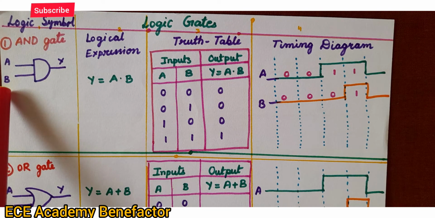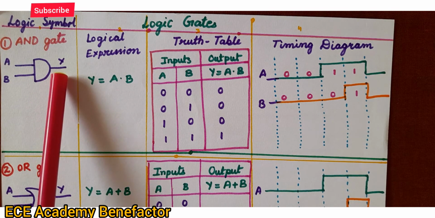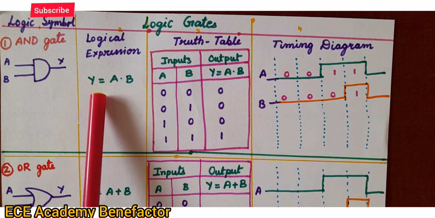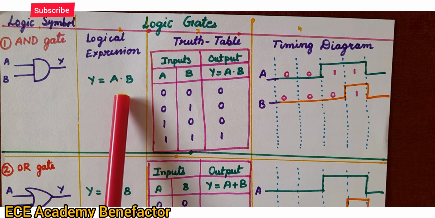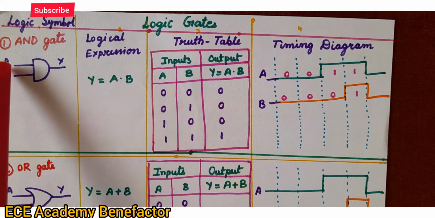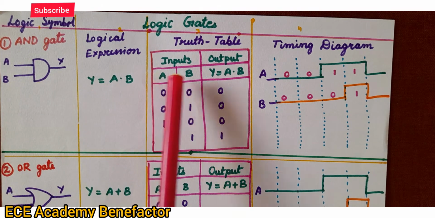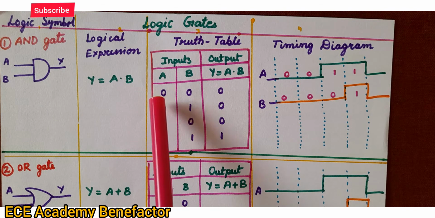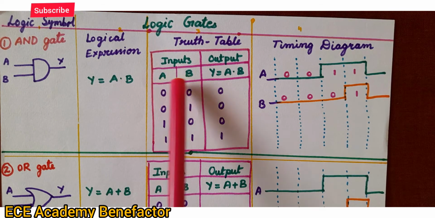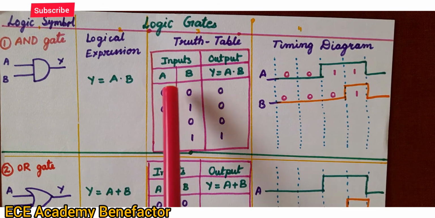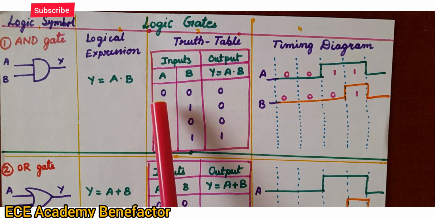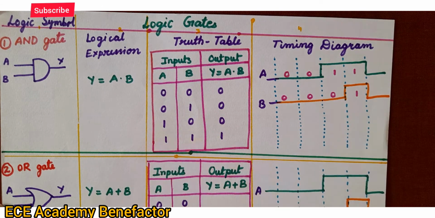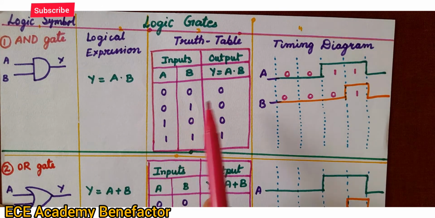A and B are the inputs and Y is the output variable. The logical expression of the AND gate is Y is equal to A dot B. Coming to the truth table, the inputs are A and B, 2 inputs, so we can write 2 to the power of n possible combinations. 2 to the power 2 means 4 combinations of input can be written: 00, 01, 10, 11.